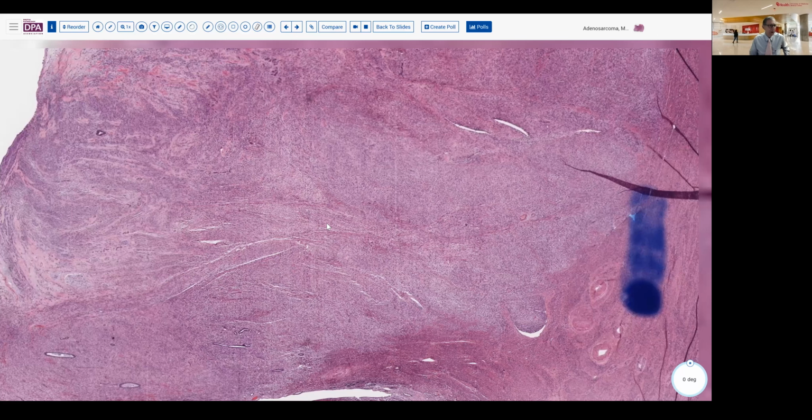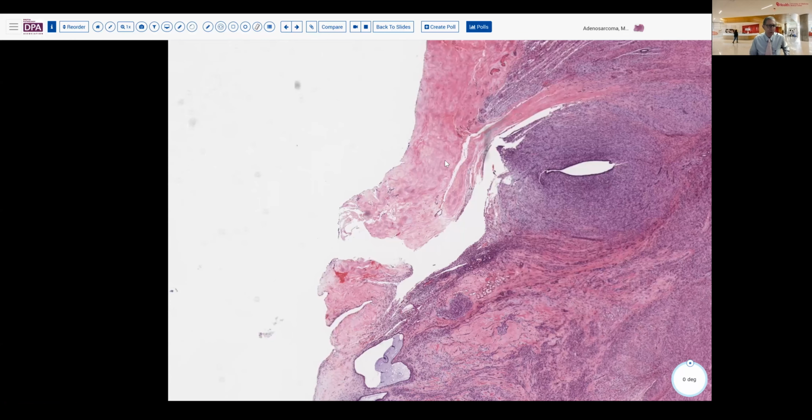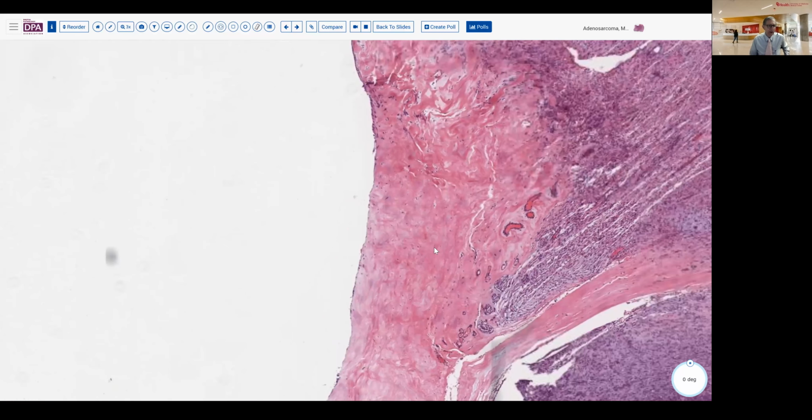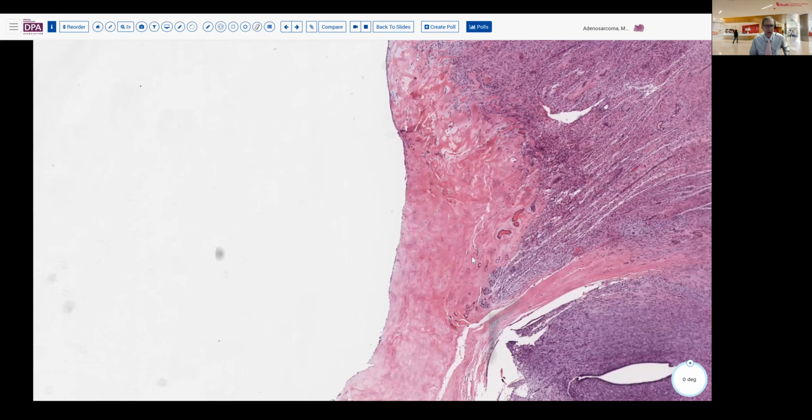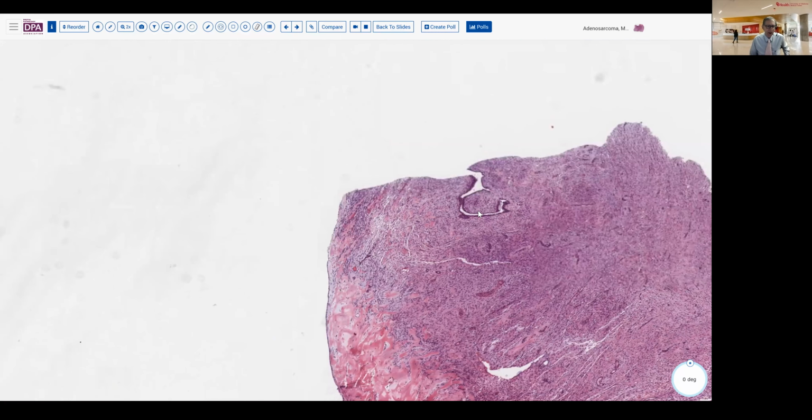Well, as we looked more superficially at this tumor, we noticed that here in the superficial portions, in fact, we do have this very prominent hyalinized tissue, such as was seen in the curettage sample. And that this is sometimes interspersed with more cellular areas of stroma, and then areas such as this.